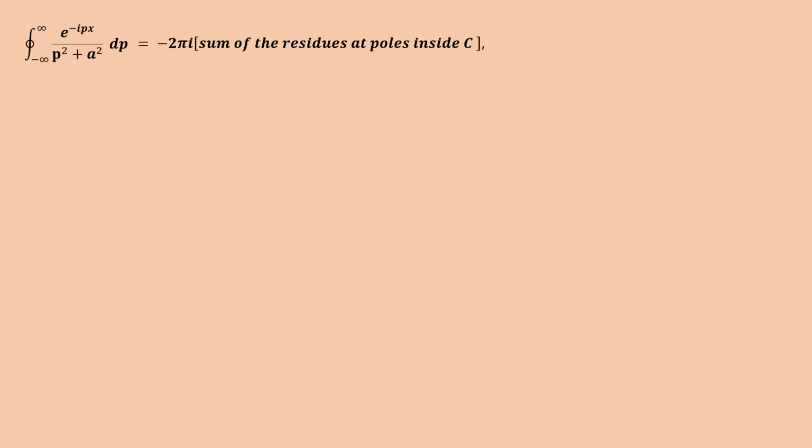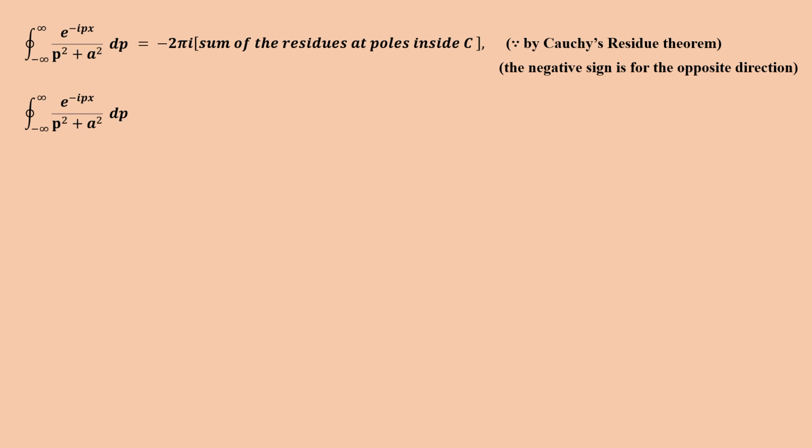Minus 2 pi i times the sum of the residues at the poles inside C. Only one pole, so the residue at the pole p is equal to minus ia. That is equation number 8.